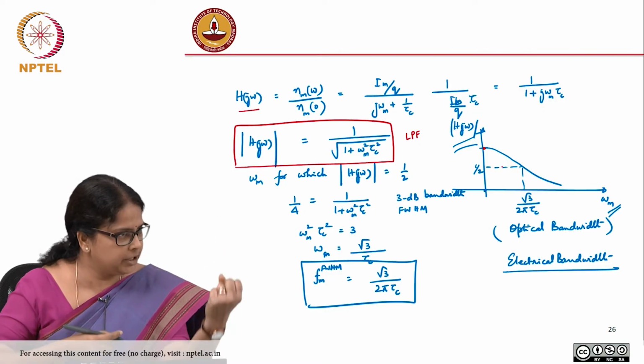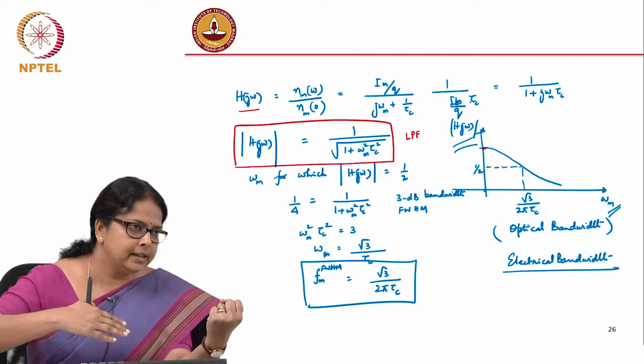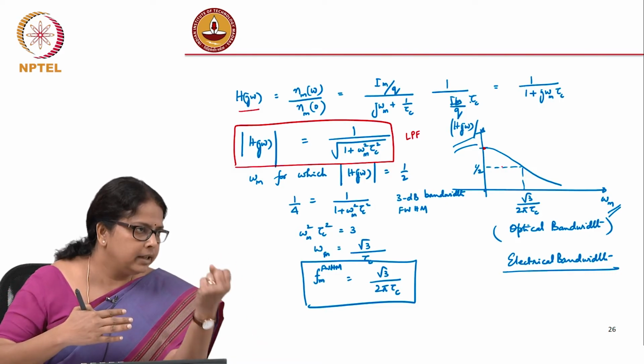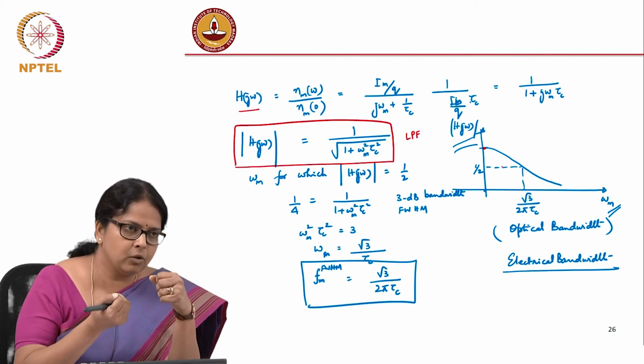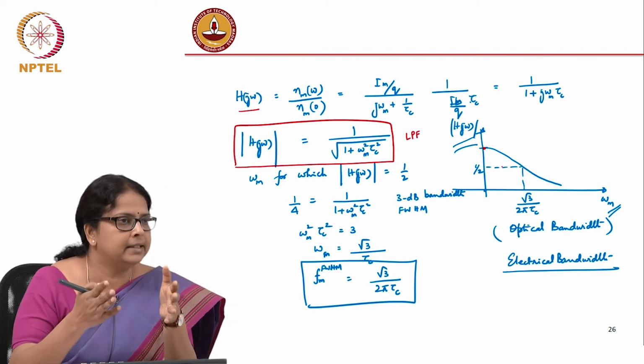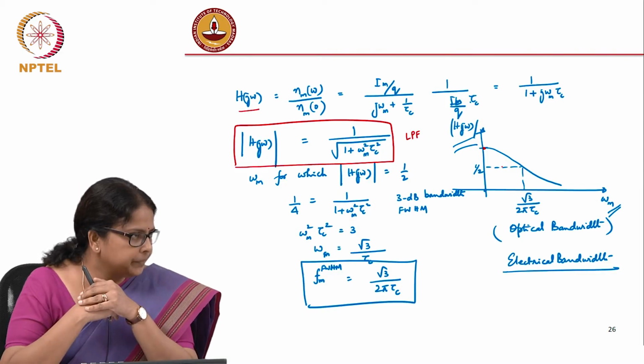The carrier recombination takes some time. If my input changes faster than that, the carrier is not able to recombine and create an electron hole pair and recombine at the same rate as I am changing my injection current.